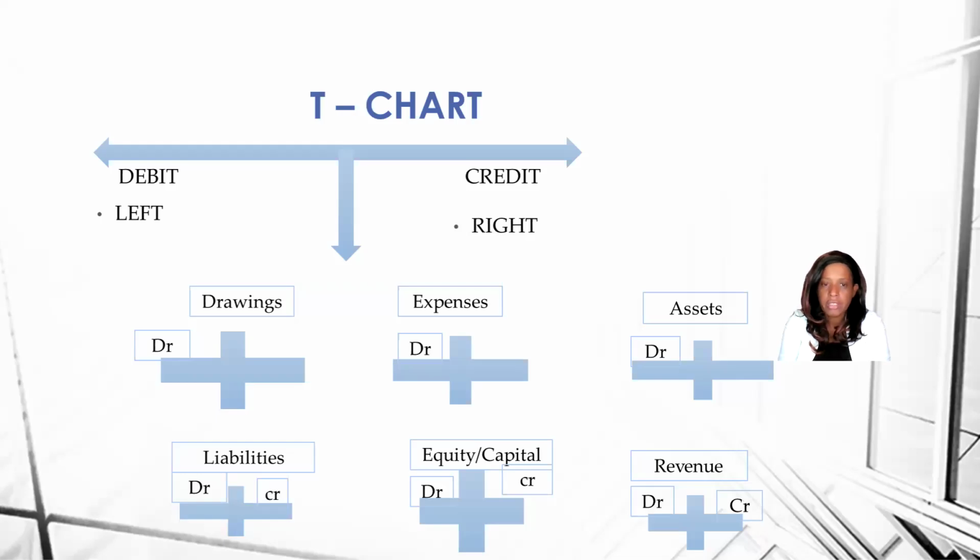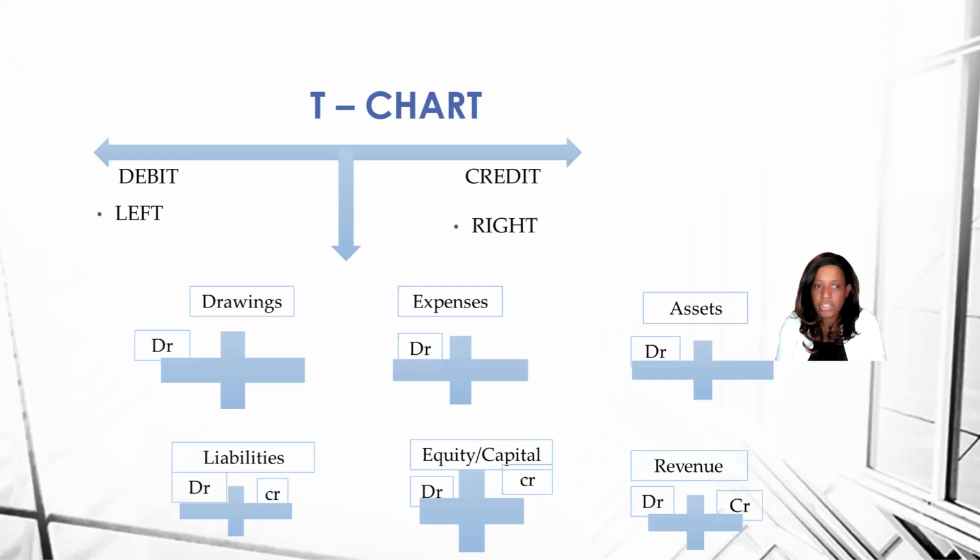Drawings again, expenses, assets, liability, our equity or capital, and our revenue. This is the same DEALER, but now we're going to move it from our journal entries and put it into our ledger.